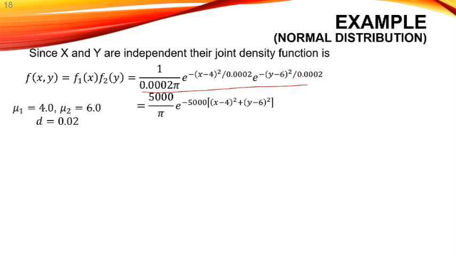And since mu sub 1 is equal to 4 and mu sub 2 is 6, yung nahanap is magkaroon ng defect or deviation na 0.02 centimeter.